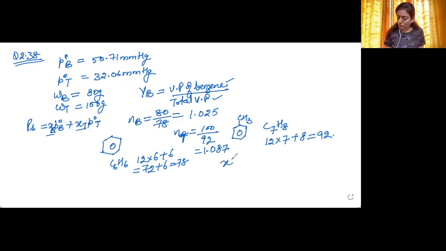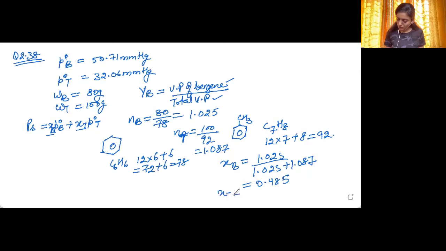Now what will be the mole fraction of benzene? It will be 1.025 upon 1.025 plus 1.087. So 1.025 divided by 1.025 plus 1.087 comes out to be equal to 0.485.